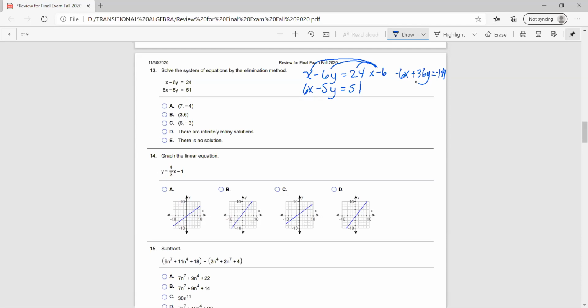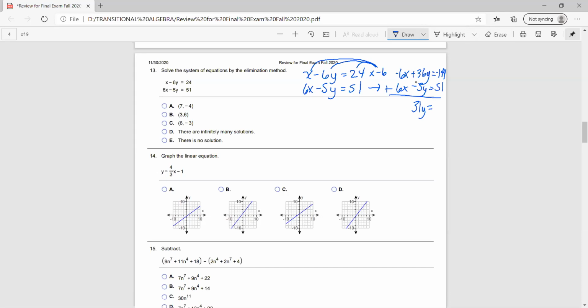I'm sorry, I'm squishing that up over here. But now I'm going to write the second row right underneath it, because when I add these, a negative 6 and a positive 6 is going to be nothing. That's going to get rid of my x's. 36 plus a negative 5 would give me positive, sorry, I don't know why I wrote negative, positive 31.